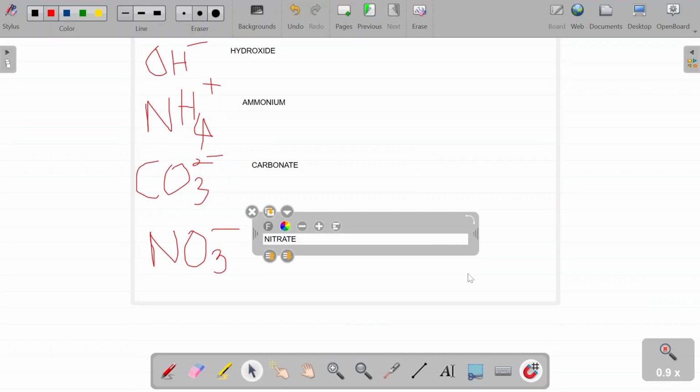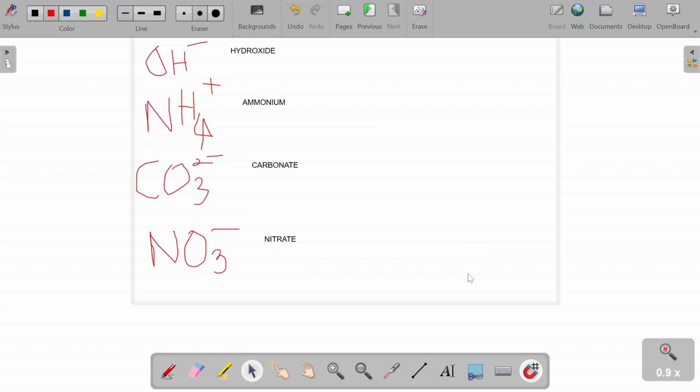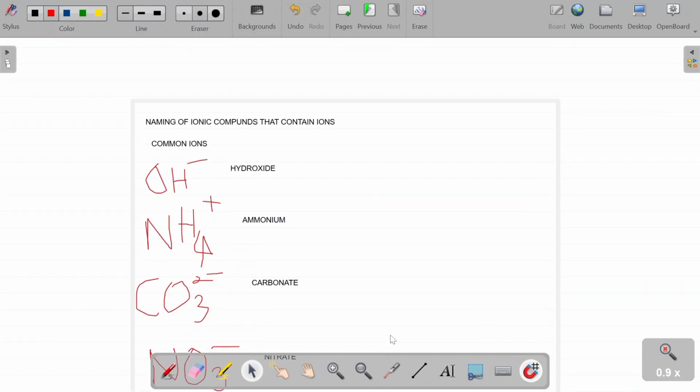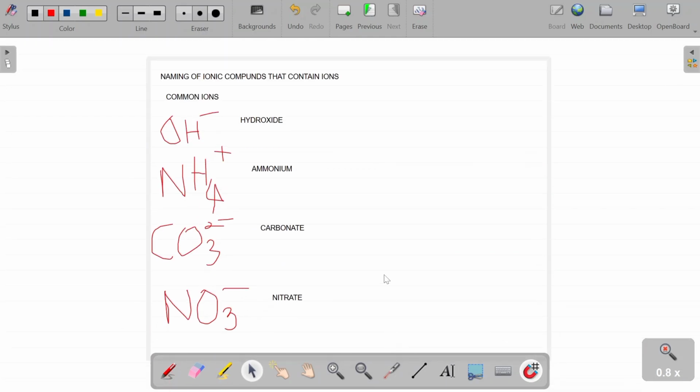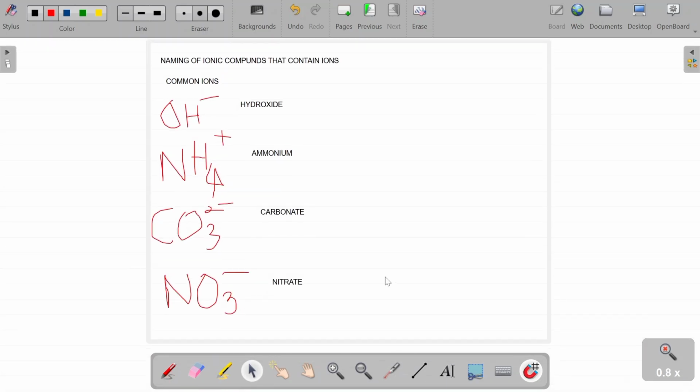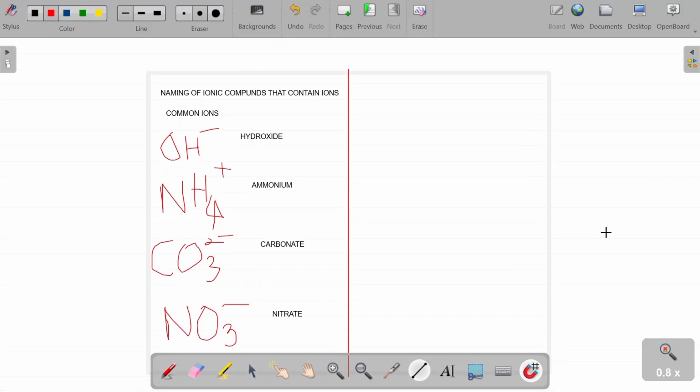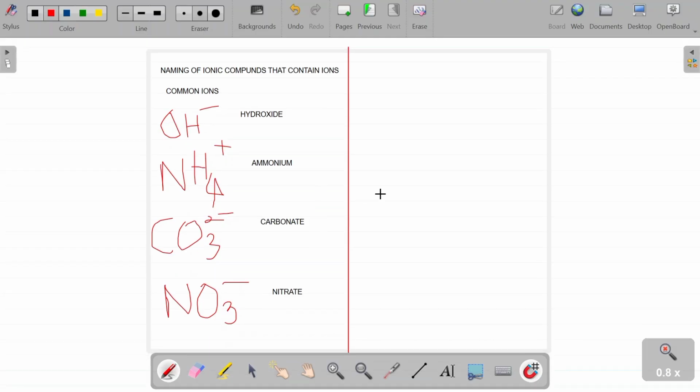So these are just four out of the very many ions that we know, but I just want to use these four to illustrate how to name compounds that have ions. So let me use this line to split the page in two. Basically, we could have a question like this.